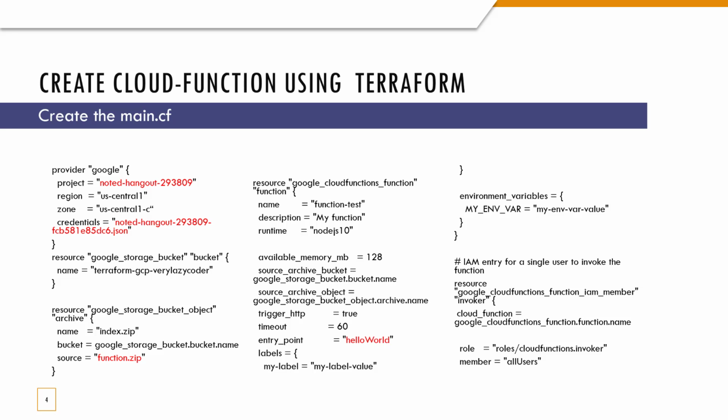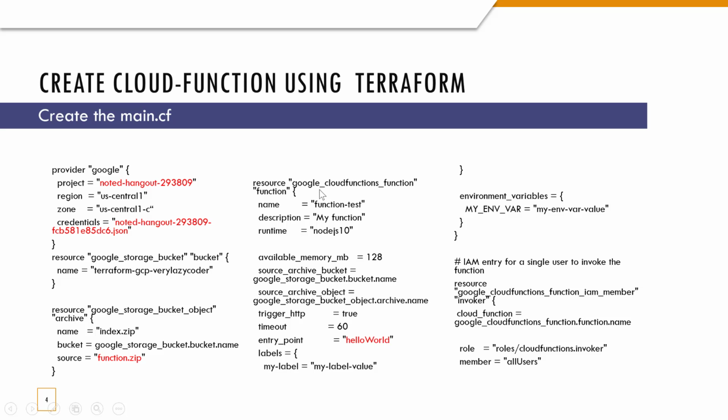After you created the function, you also need to give IAM permissions for that particular function so that only the appropriate people can actually access that function. So the Terraform resource for giving this is Google Cloud function IAM member, and in this the input parameters that we provide is the cloud function that we created previously.